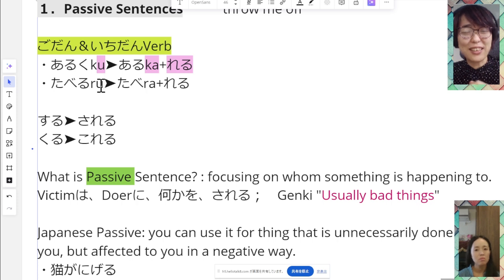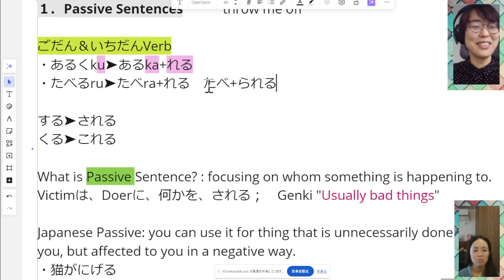What did you think when you listened to his explanation? Oh, I think it's very simple, about the conjugation. Because for me, an ichidan verb always ends with ru, so rather than think about it this way, I just think of 食べる as 食べ plus られる, because the position is fixed.